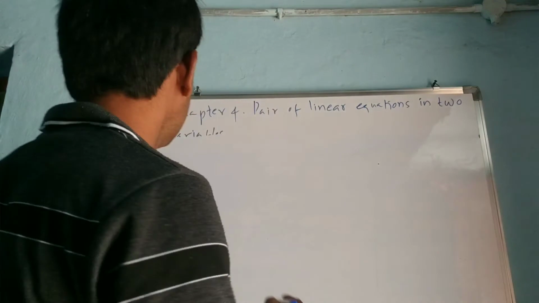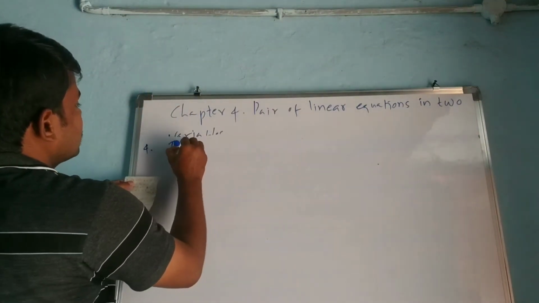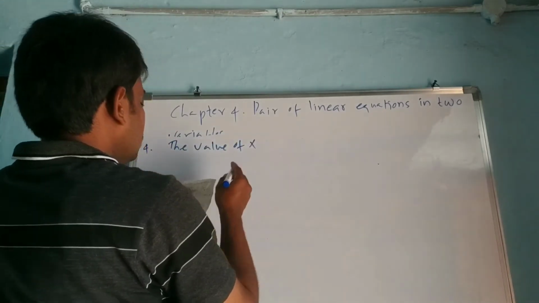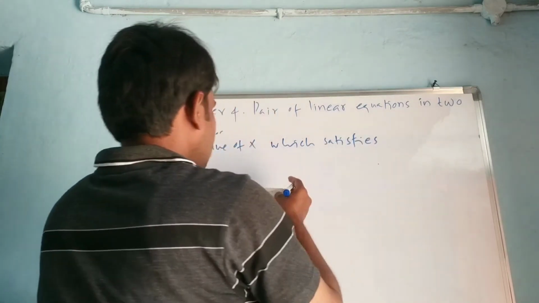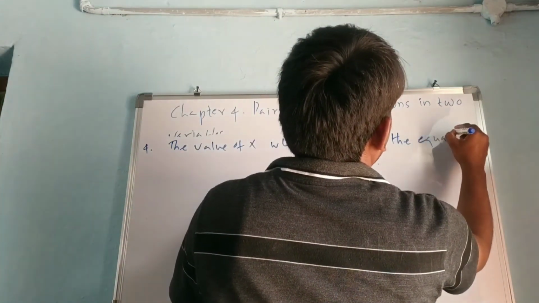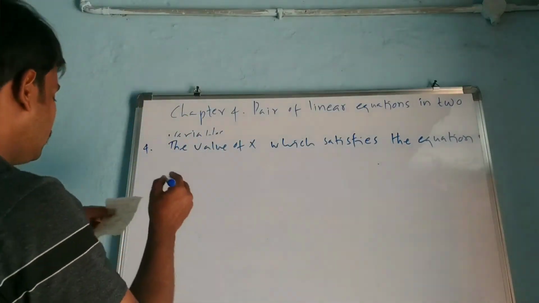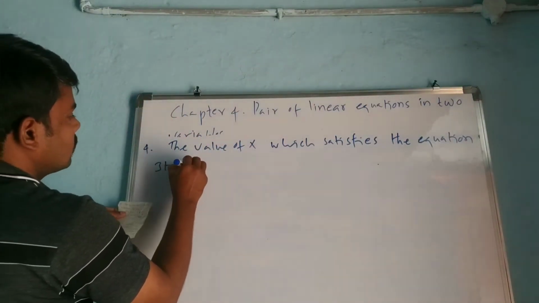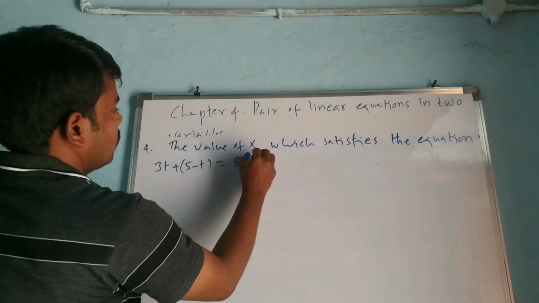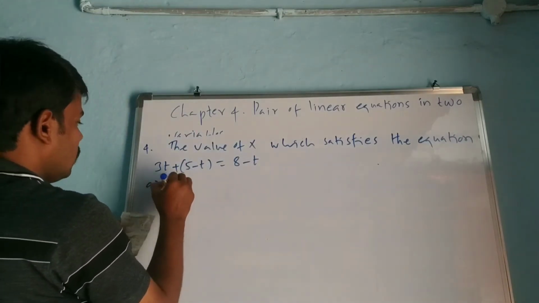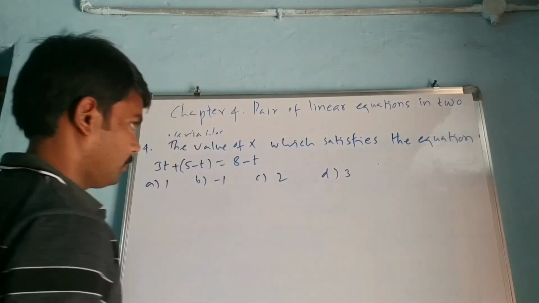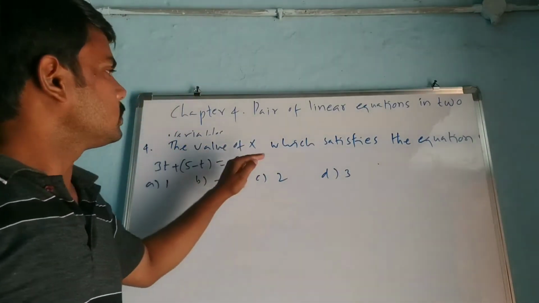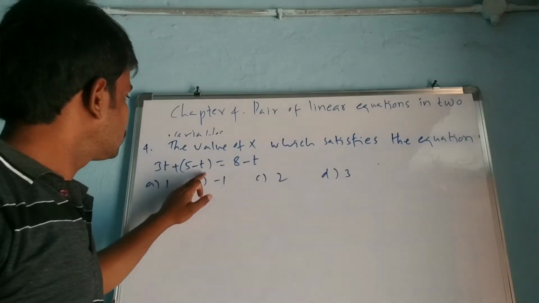The fourth problem is: the value of x which satisfies the equation 3t plus 5 minus t is equal to 8 minus t.